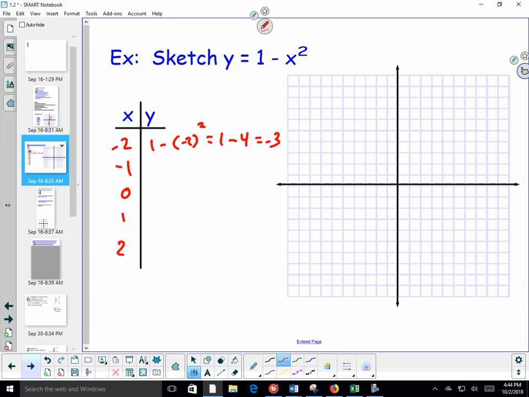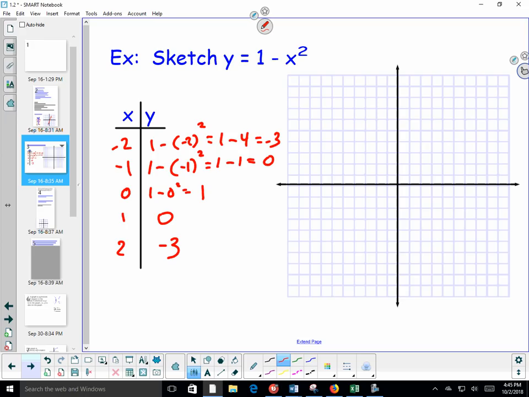If I plug in -1, I get 1 minus (-1) squared, that's 1 minus 1, and I get 0. If I plug in 0, I get 1 minus 0 squared, which is 1. If I plug in 1, I get 0. If I plug in 2, I get -3 again. You can check me on those.